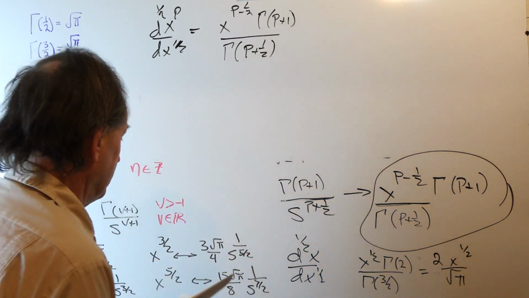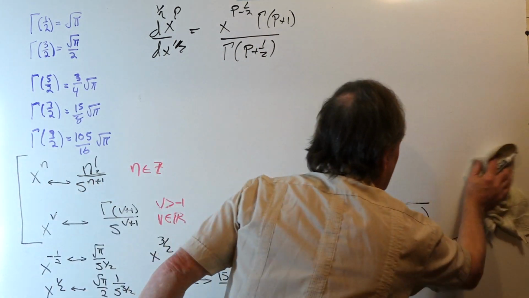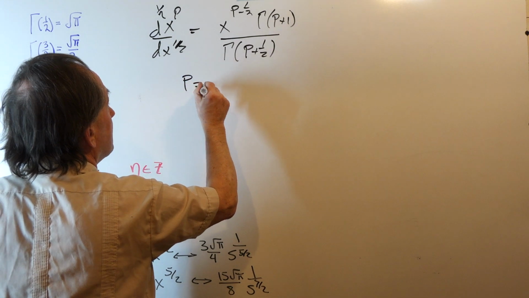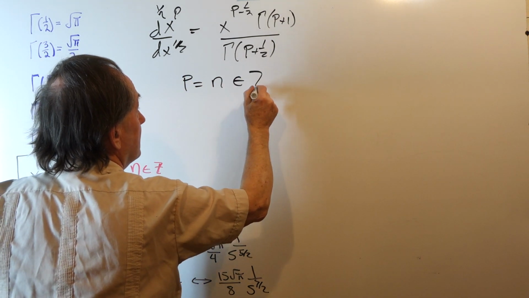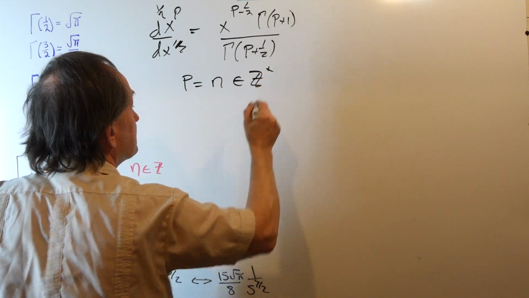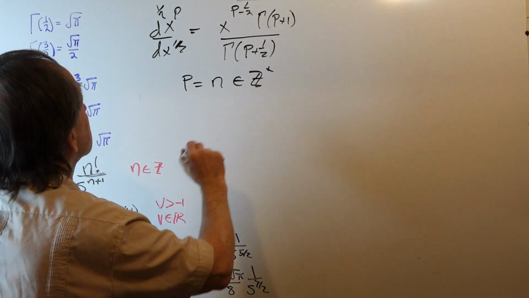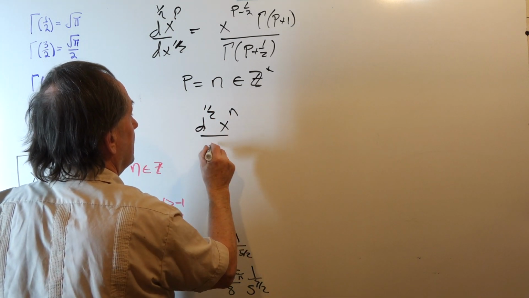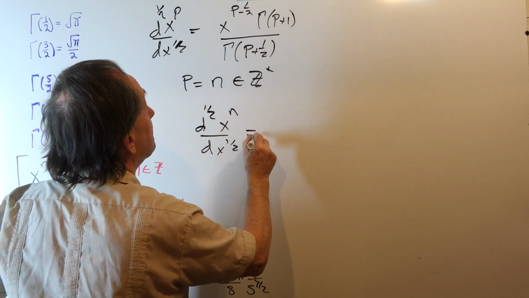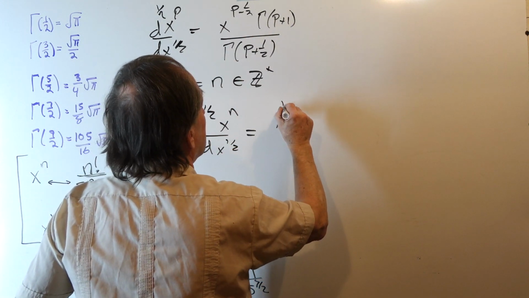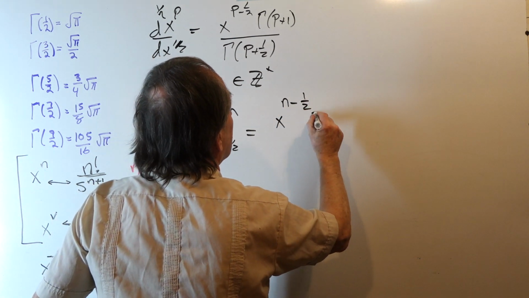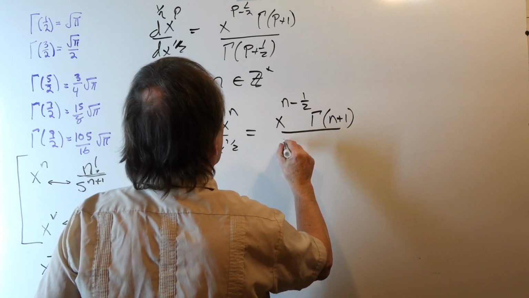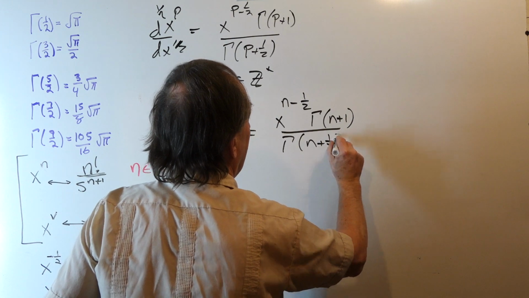We just figured that one out. Now, suppose p equals n, which is an integer. Let's say a positive integer. In that case, the 1/2 derivative of x to the n then becomes x to the n minus 1/2 times gamma of n plus 1 over gamma of n plus 1/2.